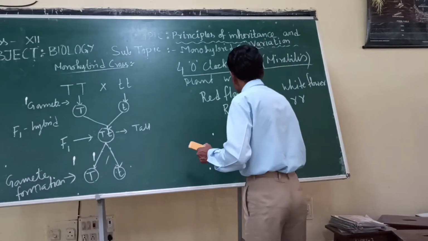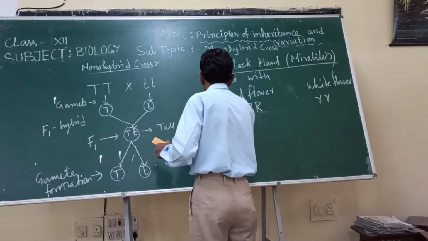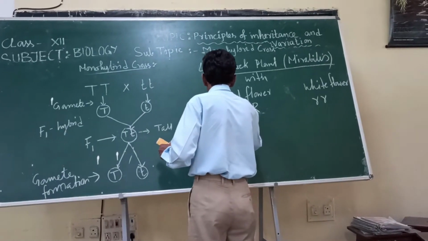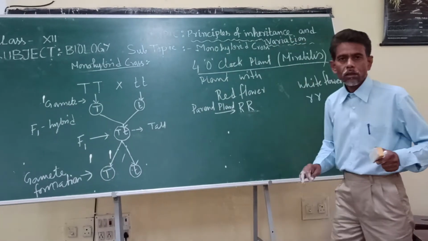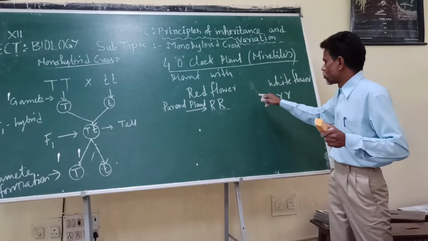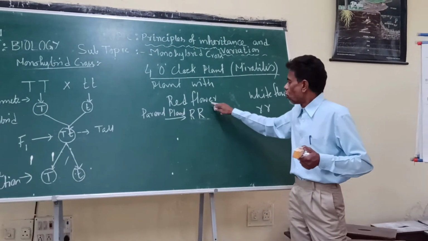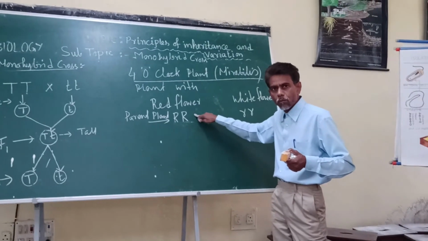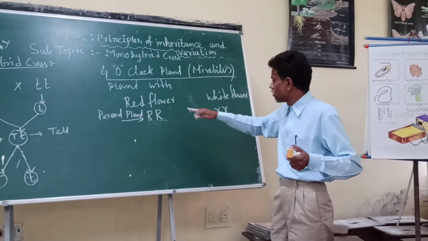So this is the parent plant. The scientist Carl Correns took Mirabilis jalapa as the parent plant, one plant giving red flower, pure line red, tested through several generations.